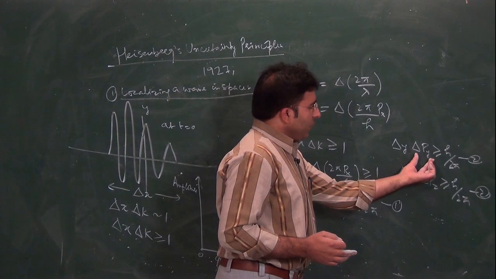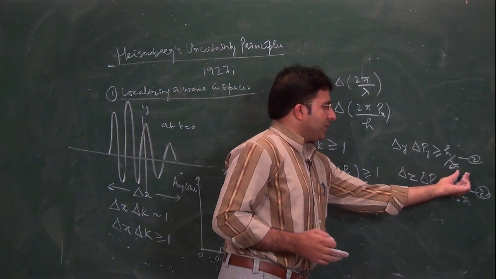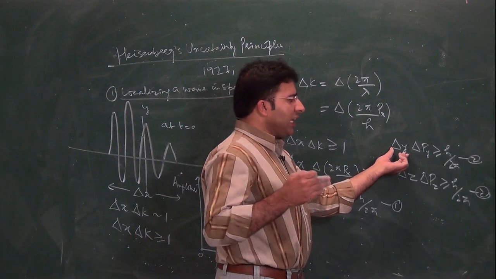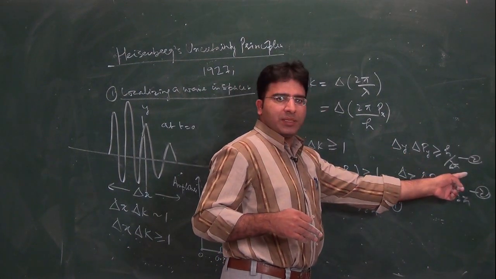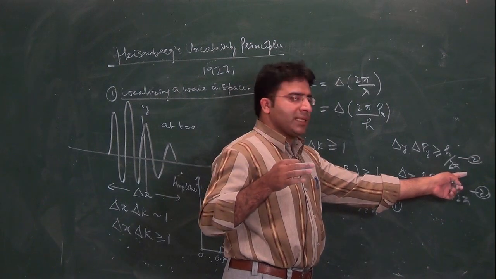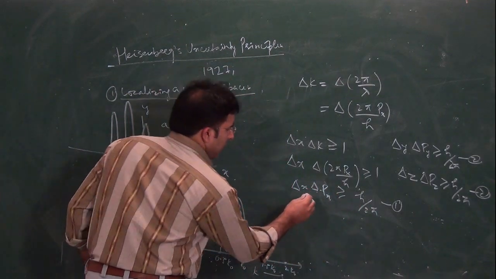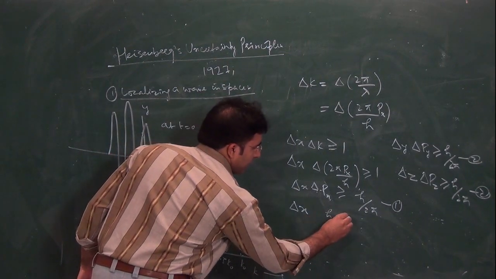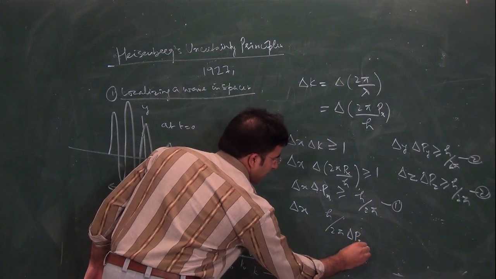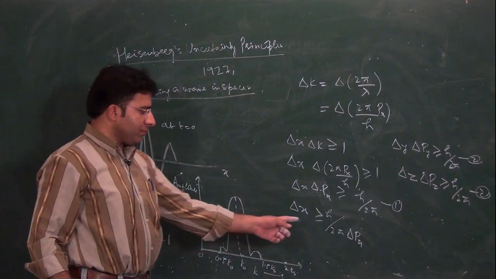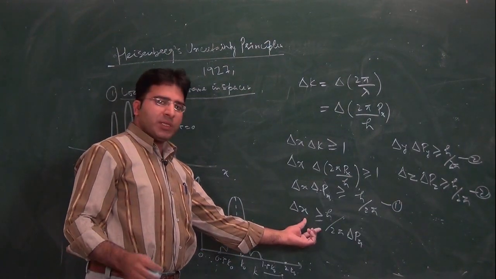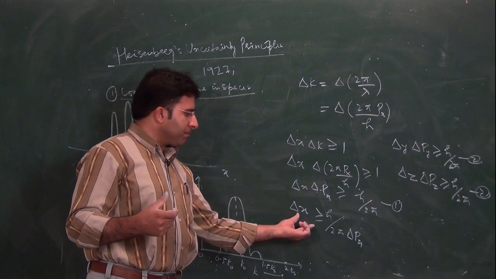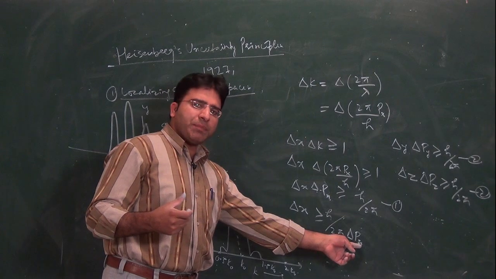See, if you are measuring momentum to a certain precision, your position precision will be at least h by 2 pi delta p or greater than that. That means your delta x cannot be less than h by 2 pi delta px, because it will be greater than or equal to. The best possible situation is your least precise delta x will be h by 2 pi delta px.